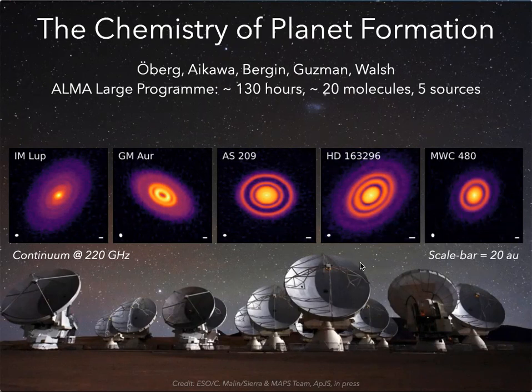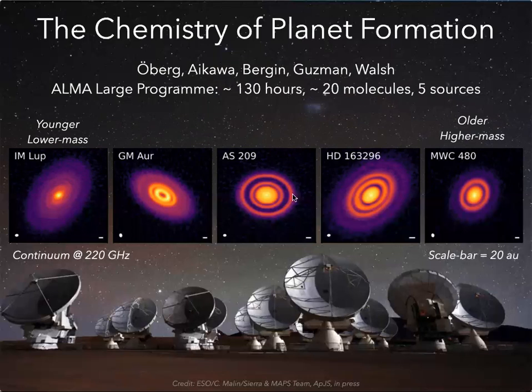We chose these 5 sources for multiple reasons. We wanted to make sure we were spanning a range of ages and masses of disk hosting stars. So not just solar mass stars, but also looking at warmer disks around A-type stars as well. We wanted to probe disks that had a range of different substructures that you can see here visible in the dust emission. You can see these beautiful, almost concentric rings of dust.